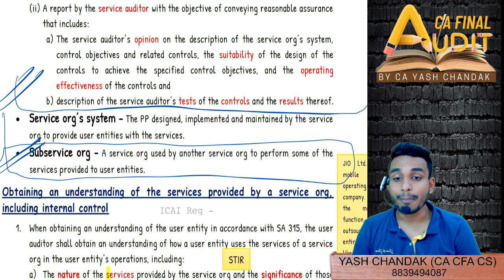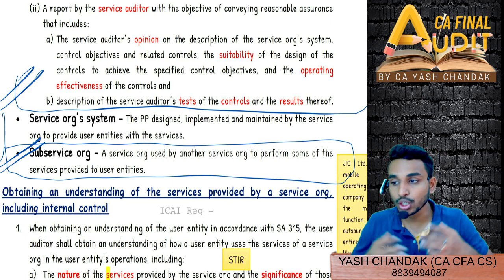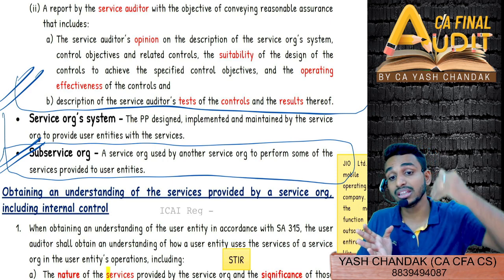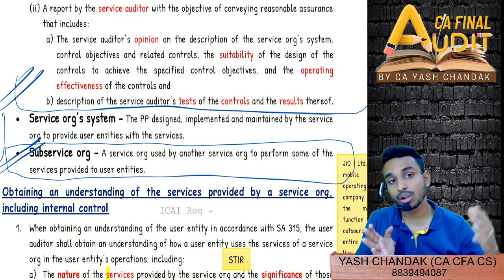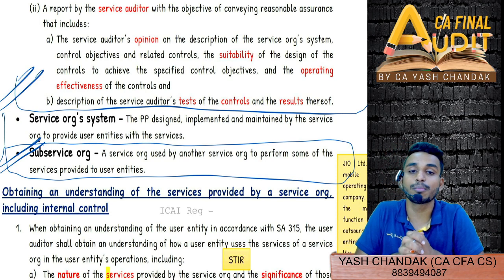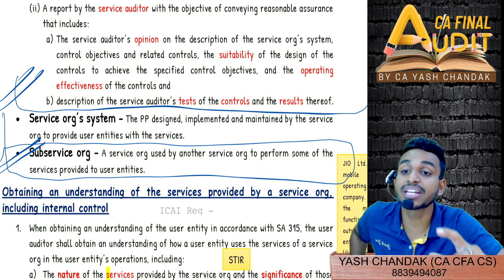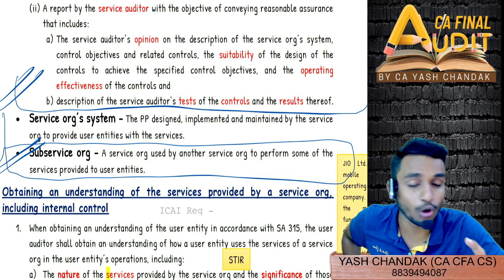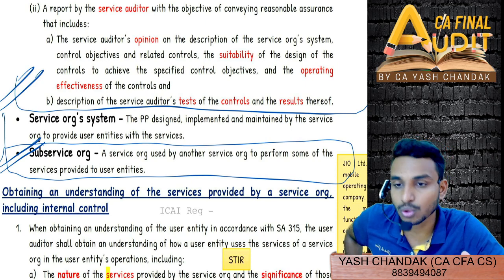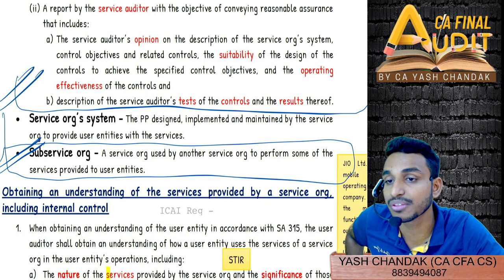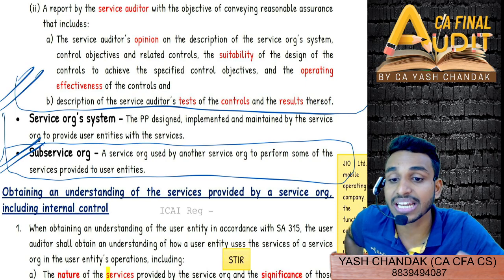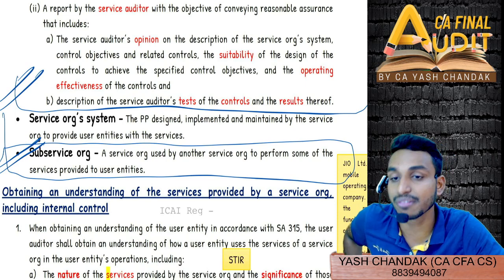So now my controls have to be seen in the sub-service organization, and also the controls at the service organization might have to be seen. What we saw was complementary controls, right? So complementary controls in the service organization might also have to be seen, and the relevant controls in the sub-service organization.